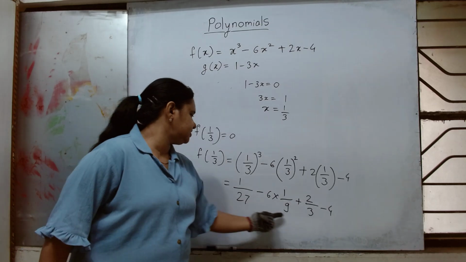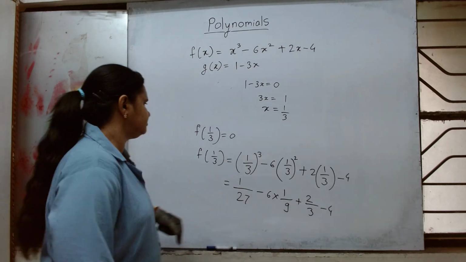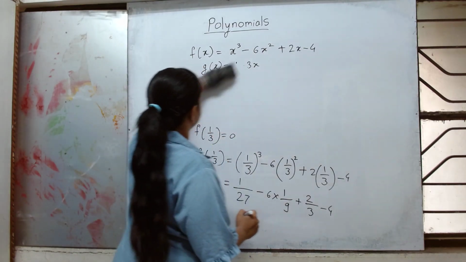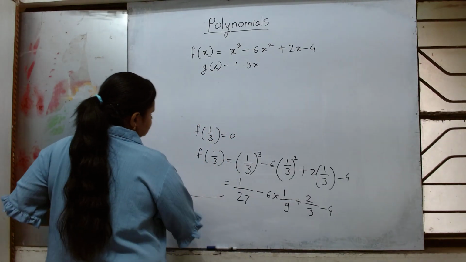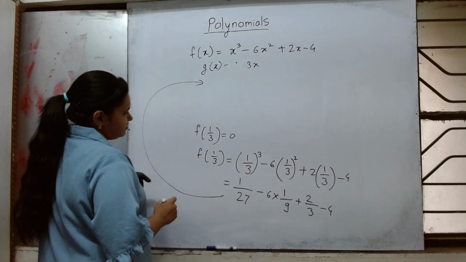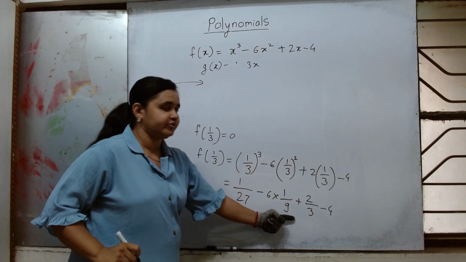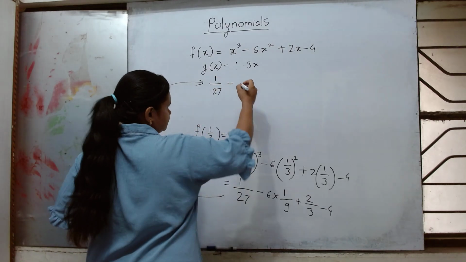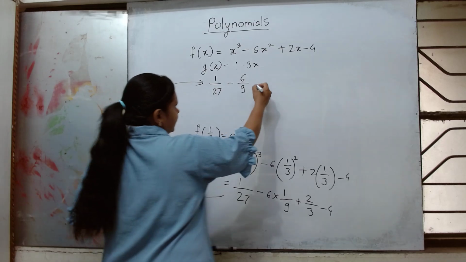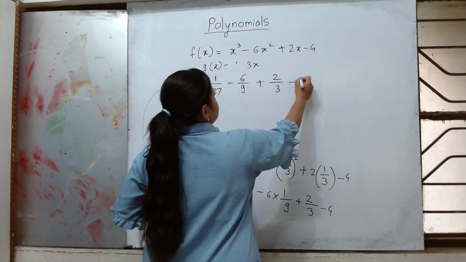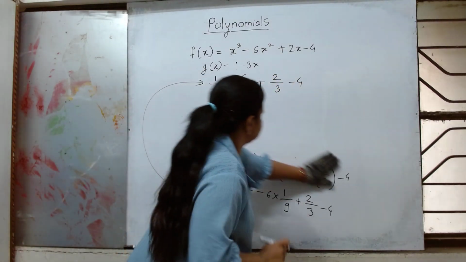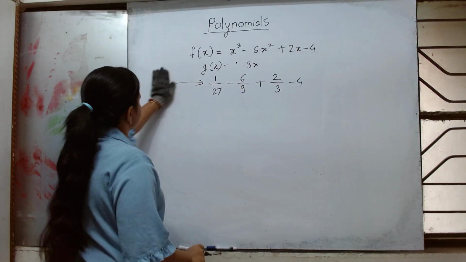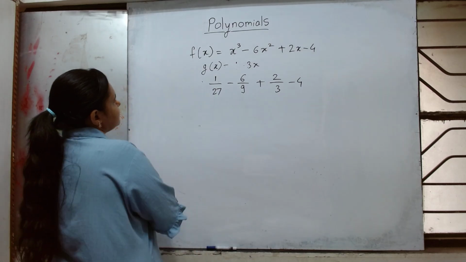The LCM of 3, 9, 27 will be 27. Now take the LCM.